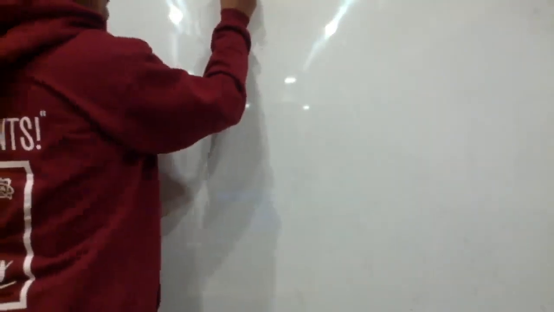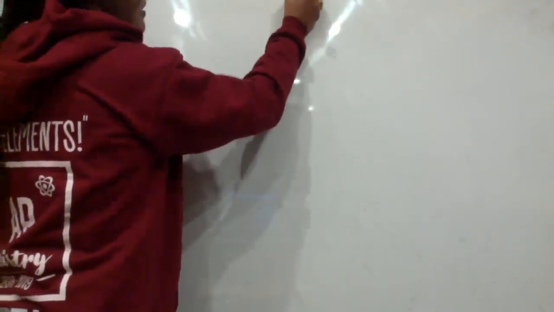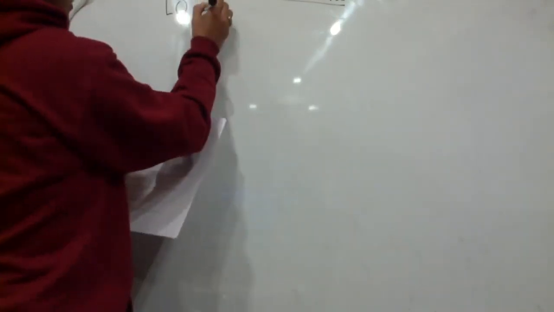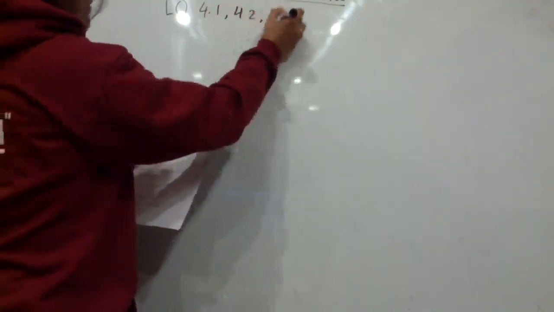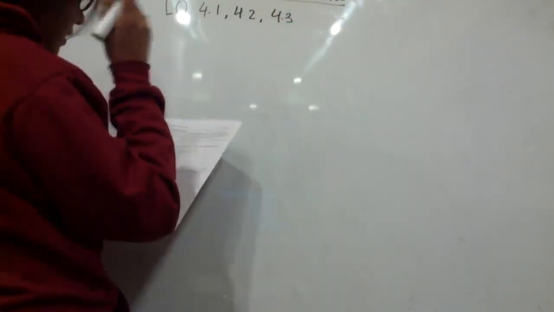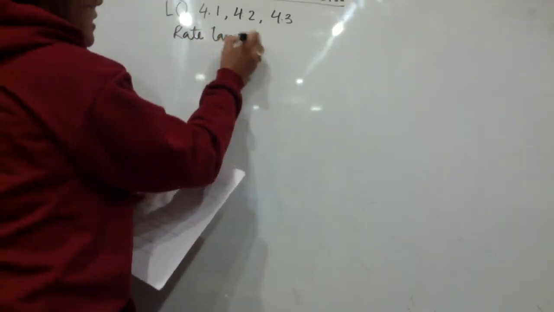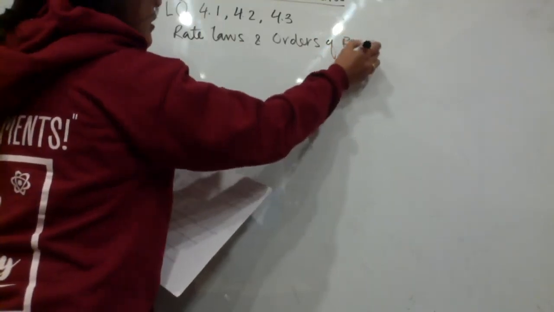So let me start today by reviewing Unit 9, which is Chemical Kinetics. In Chemical Kinetics, we had put the standards together. So learning objectives 4.1, 4.2, and 4.3 are around rate laws and orders of reactions.